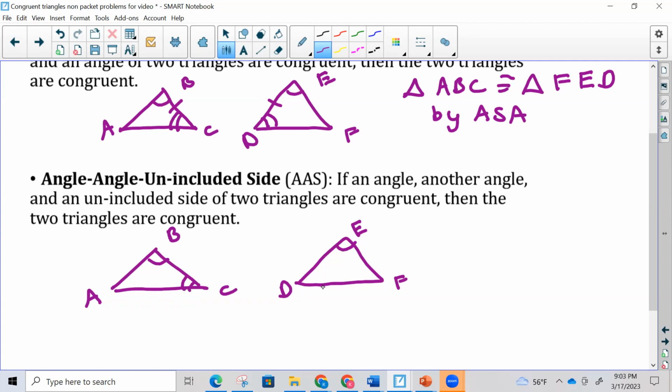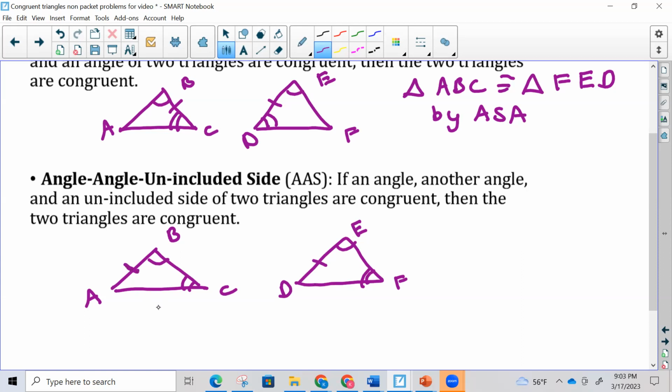Angle B is congruent to E and C is congruent to F. Angle, angle, side looks like the non-included side. So the side not directly in between the two angles that are marked congruent to the other diagram.